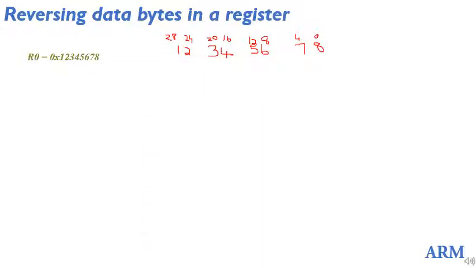So the instruction that we need to execute is REV R1, R0. So now R1 will be getting the reversed number, that is by reversing the bytes. As per this instruction, this byte will move here, right? So it will be 78.